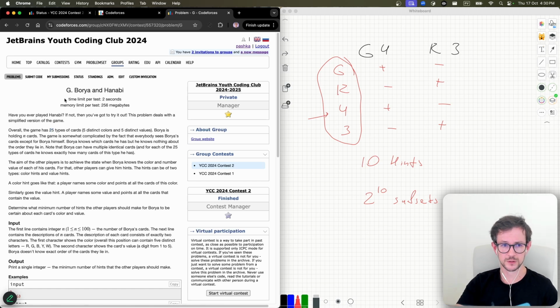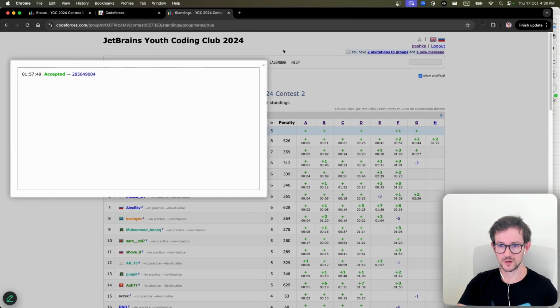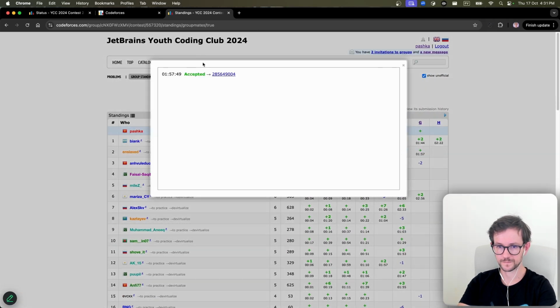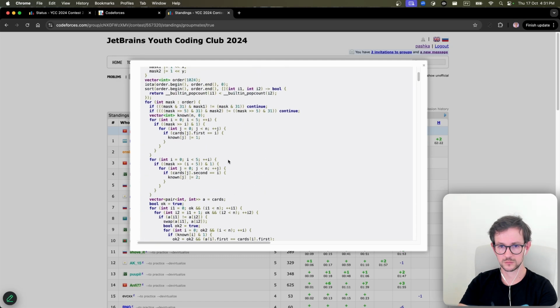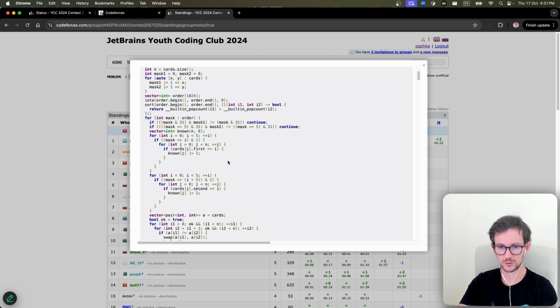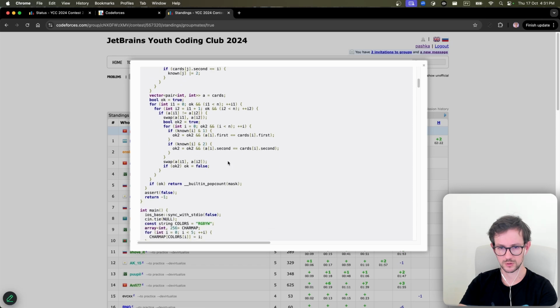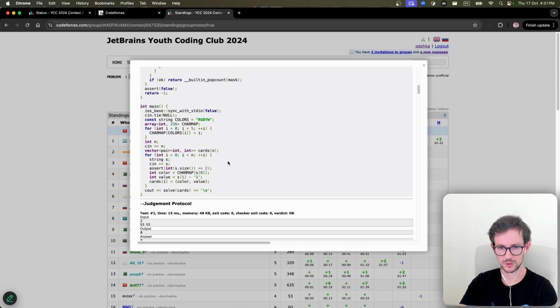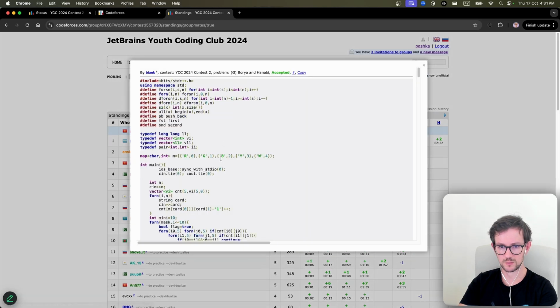Let's look at some of your codes, for example. Maybe this is a simpler code.